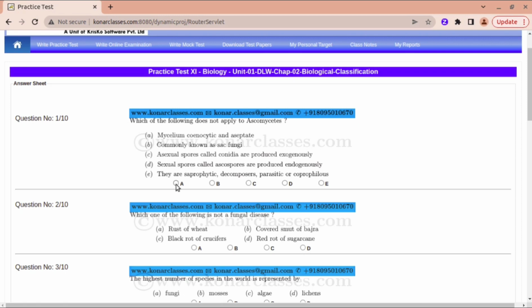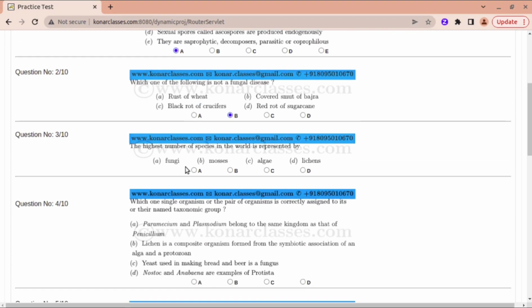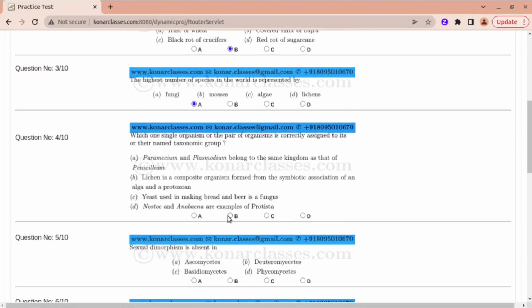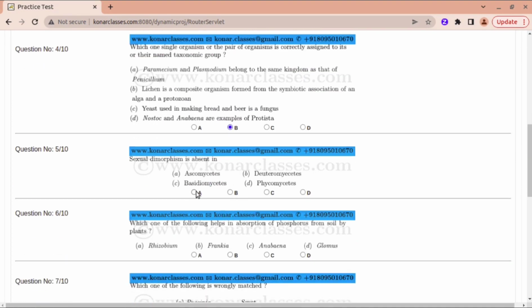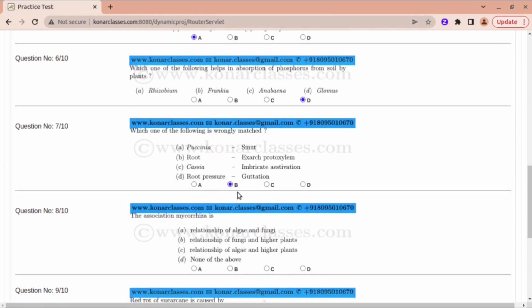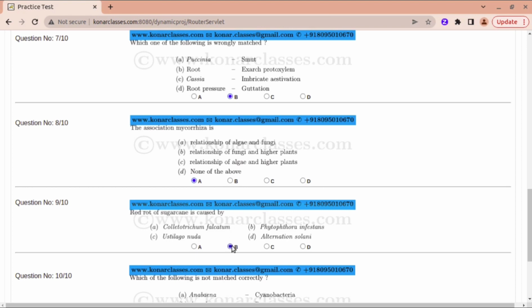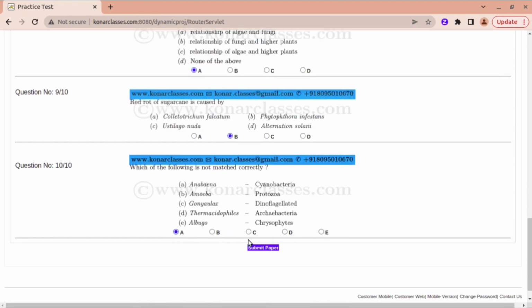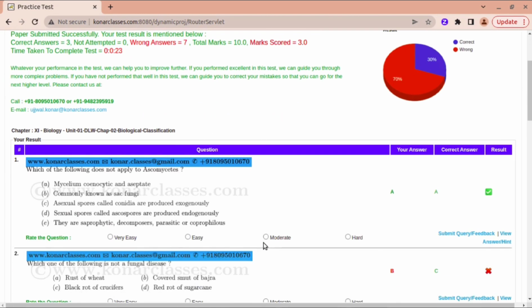Here also we start selecting the options. Now that the answers are given, let me go with performing the self-assessment.